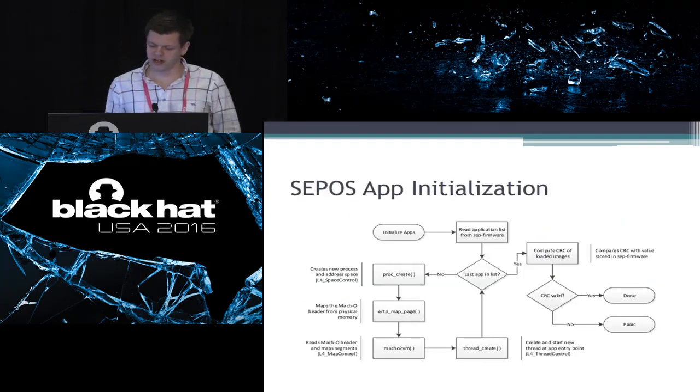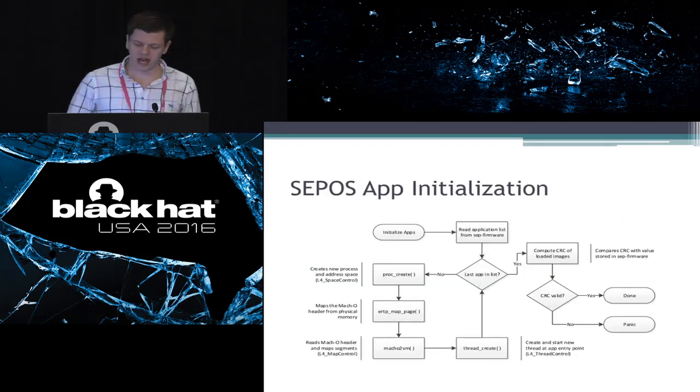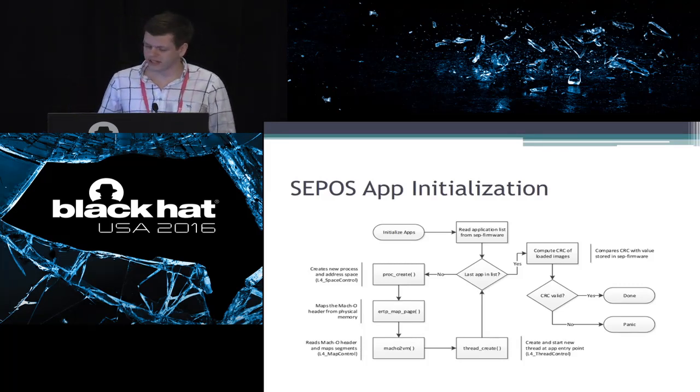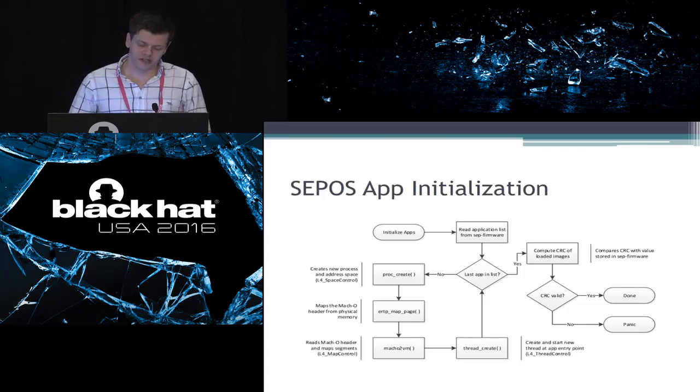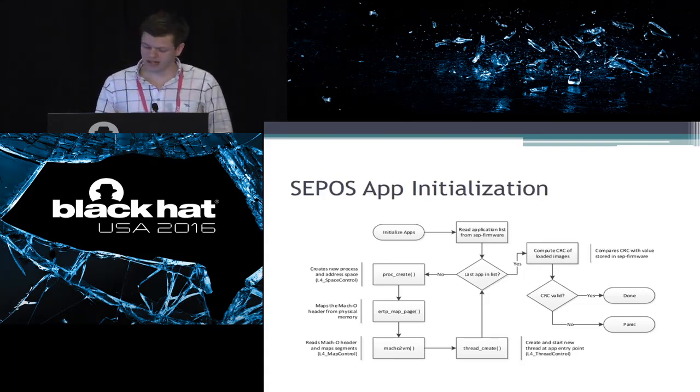So this is a chart just illustrating the app initialization process. In the first step, it basically reads the application list from the SEP firmware, and each entry in this list has information about how it's supposed to load. So it goes through the step of creating an address space for the process.